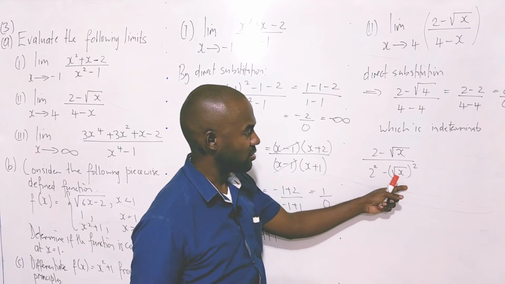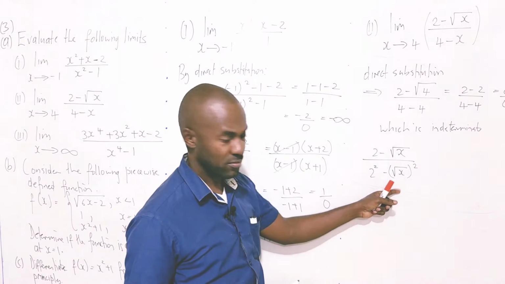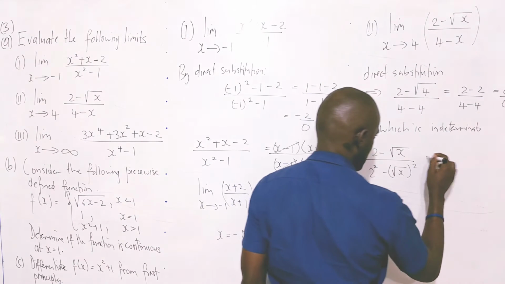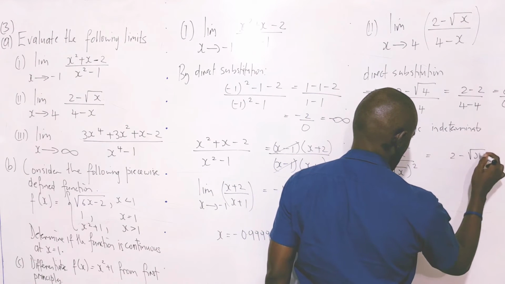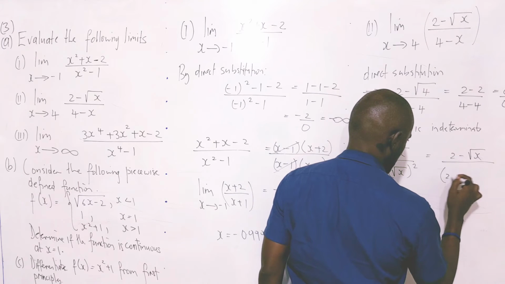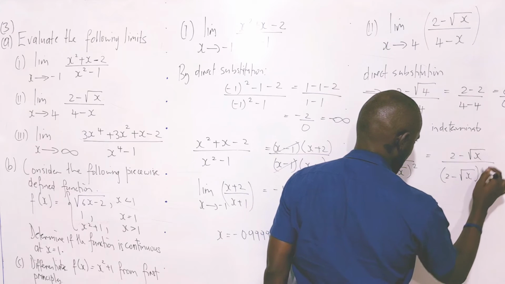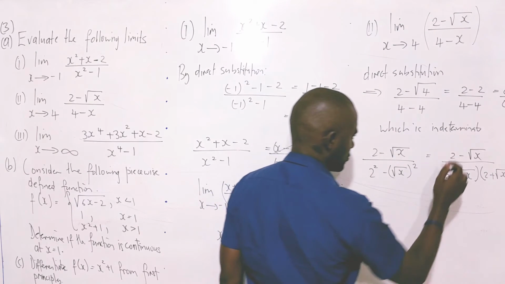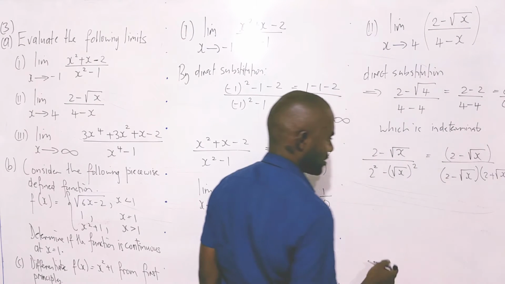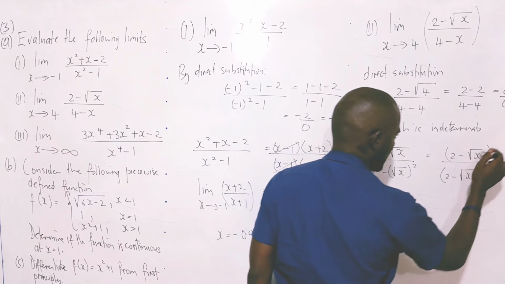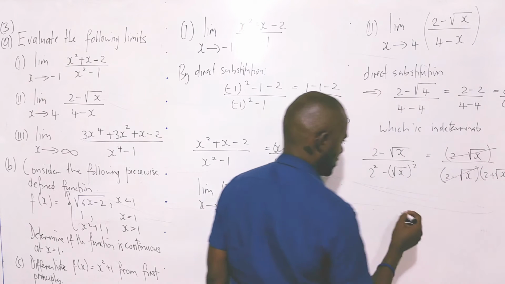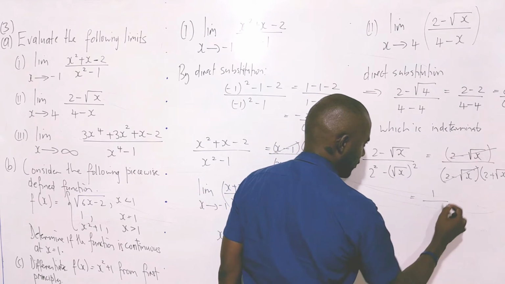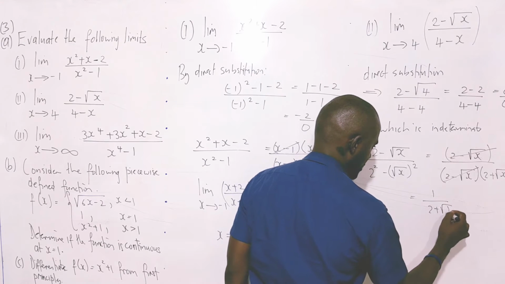Then this essentially is the difference of 2 squares. So this basically gives us 2 minus root x all over 2 minus root x times 2 plus root x. And our 2 minus root x terms in the numerator and the denominator will cancel. So that cancels that, which leaves us with 1 over 2 plus root x.